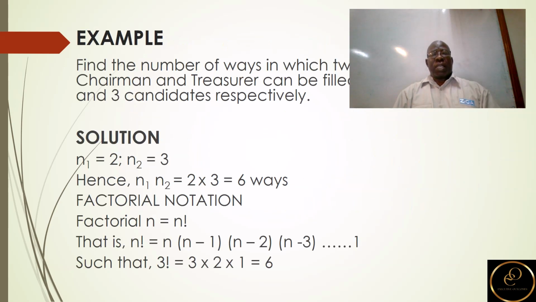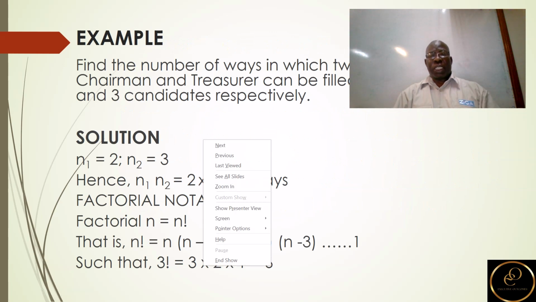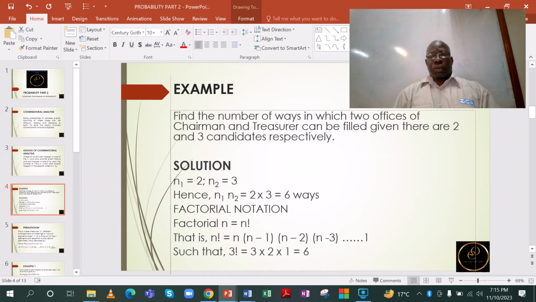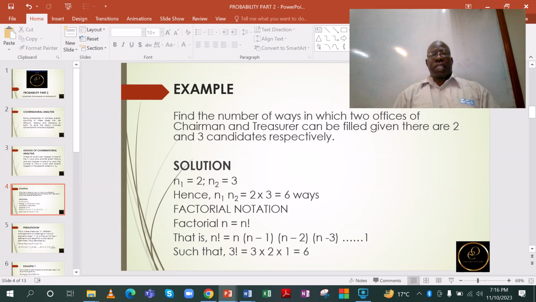Let's look at an example to illustrate this new technique of counting. Let's say you are asked to find the number of ways in which the two offices of chairman and treasurer can be filled, given there are 2 and 3 candidates respectively.